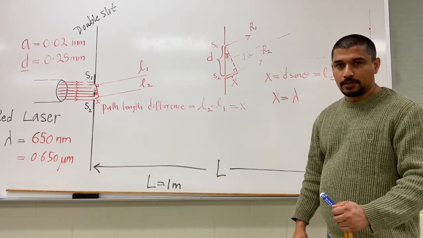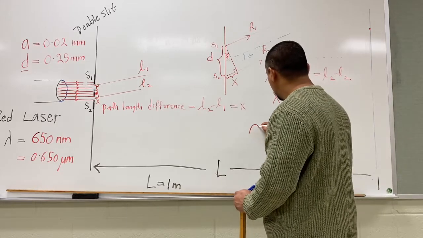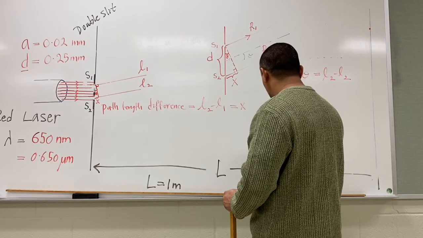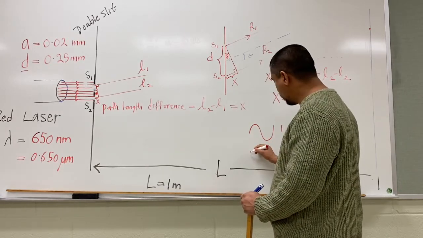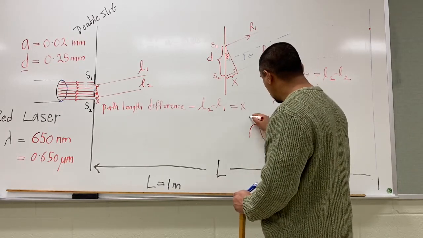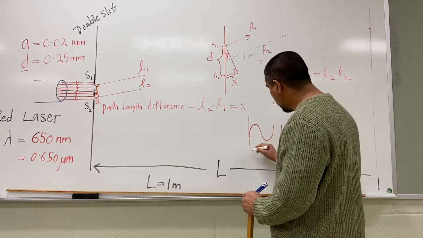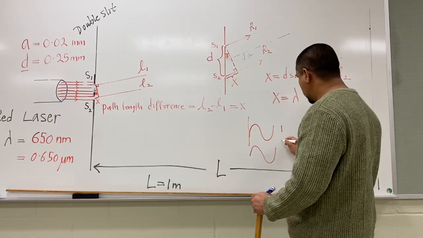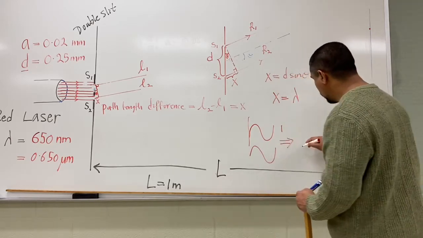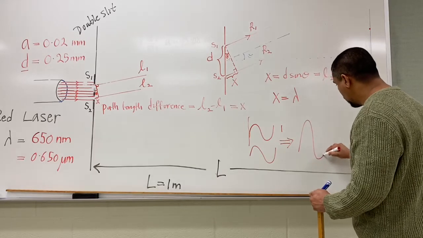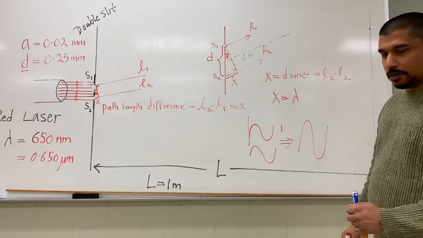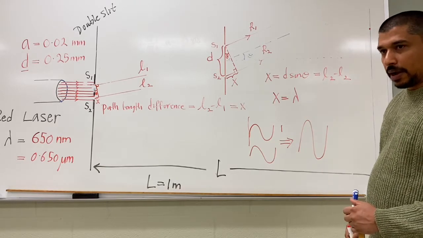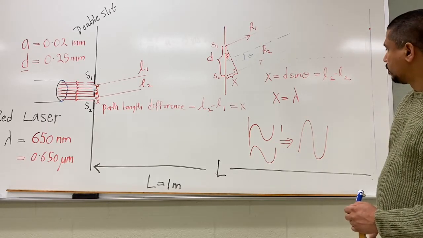No phase difference. Ray 2 is advanced by one wavelength relative to ray 1. So when they come to the screen, they will again be in phase. So what you have is constructive interference. That means a wave with bigger amplitude. That will give a high intensity. So you will have a bright spot on the screen.